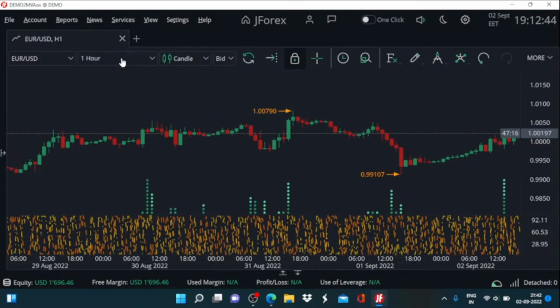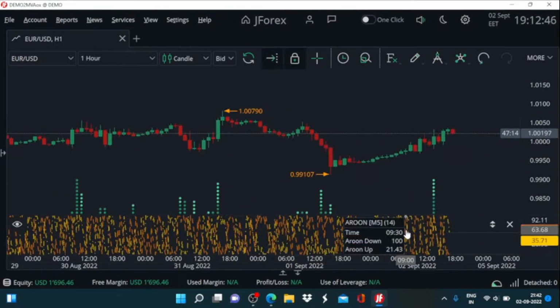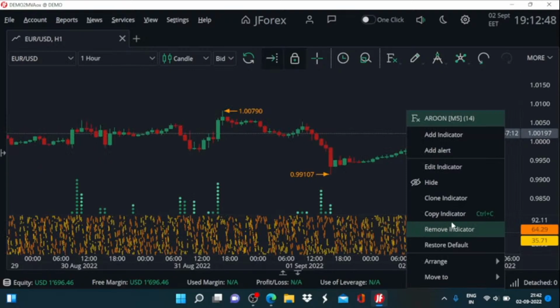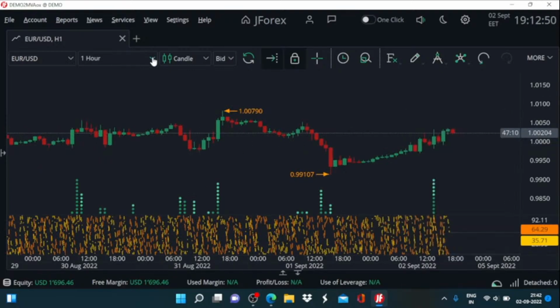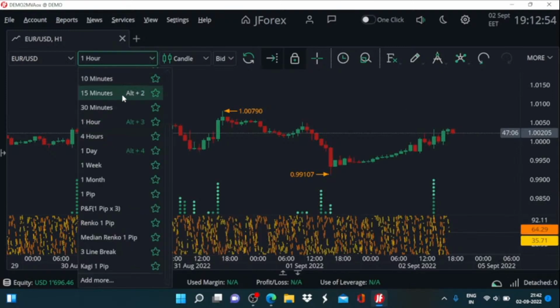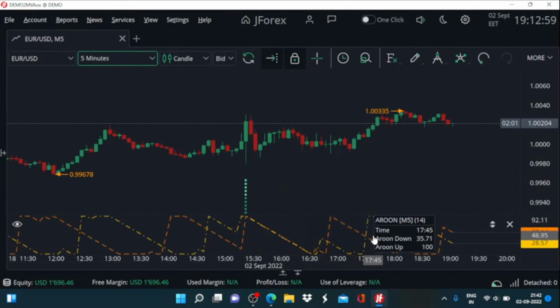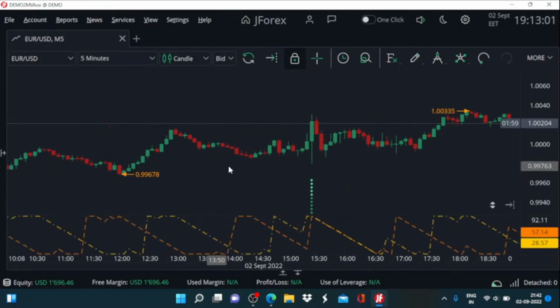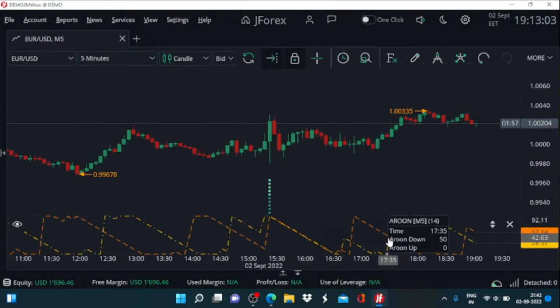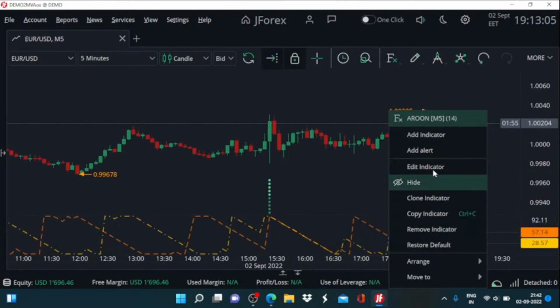So here the charting is hourly, but the AROON indicator is being calculated for 5 minutes, and because of that we can't really make sense of it on the hourly time frame. But if I change the chart time frame to 5 minutes, then you will see that this calculation is now making sense perfectly. So this is the way it works.